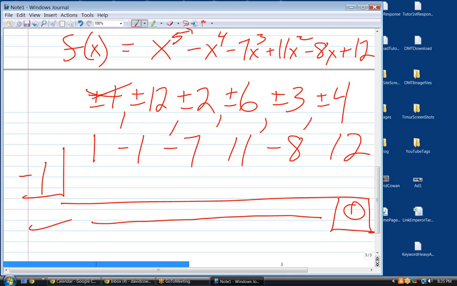And then we repeat the whole thing over again. In other words, we whittle this down by trial and error until we find a solution. We divide it. That produces a quartic polynomial, which we then have to check all over again.